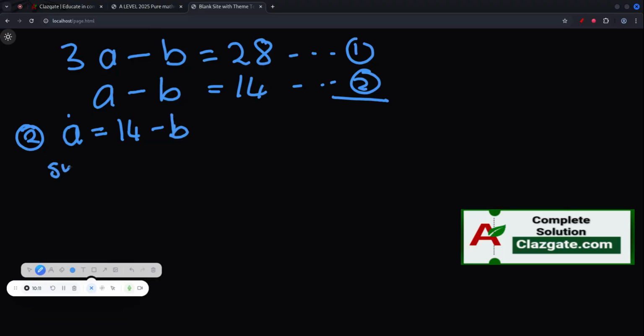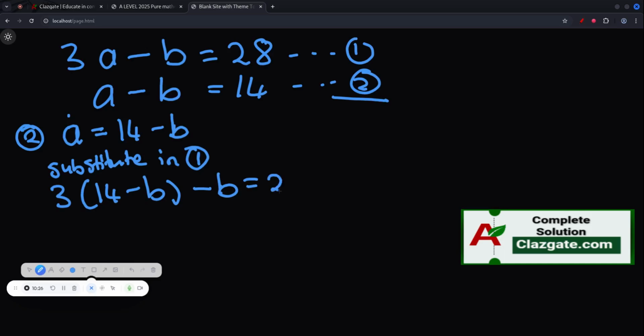And then we'll substitute in equation 1. If a is 14 minus b, it means that 3a is 3 times 14 minus b, is equal to 28. And this will give us 42 minus 3b minus b is equal to 28.